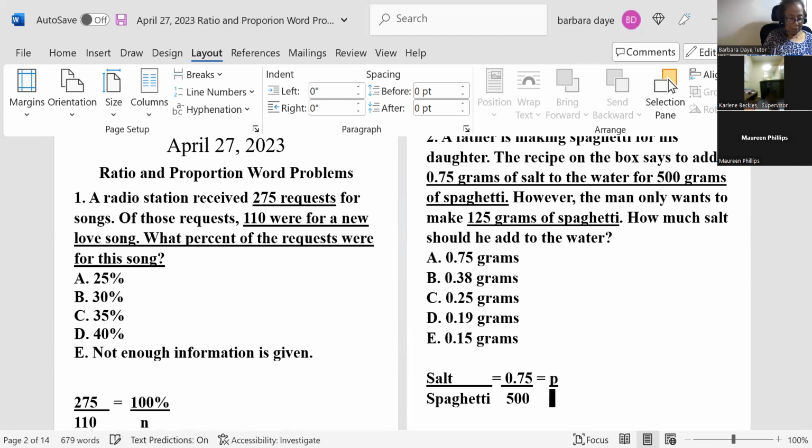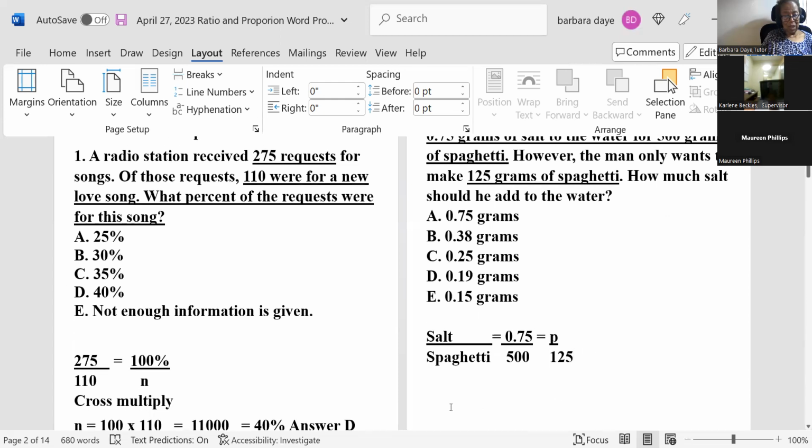Solve for P. P would be 500, right? No, I want you to solve it. Cross multiply and solve for P. Tell me what P is equal to.